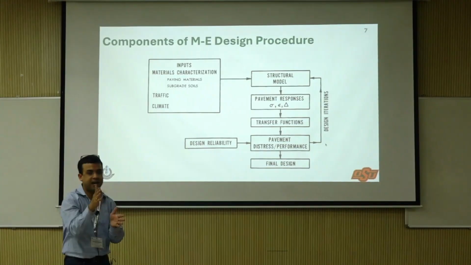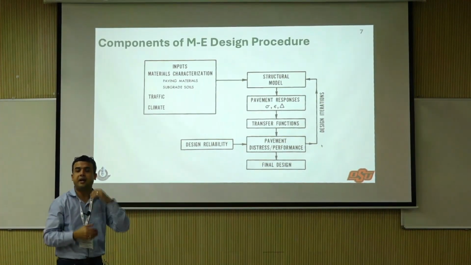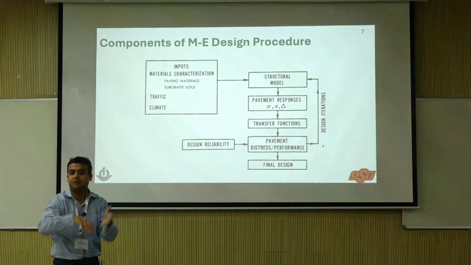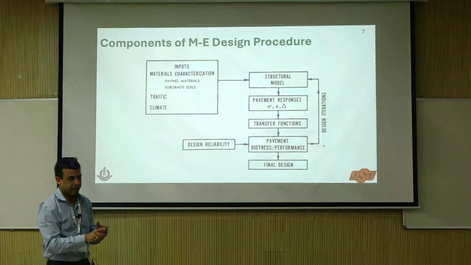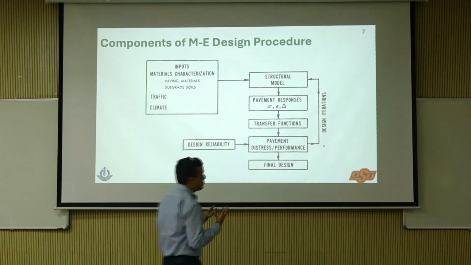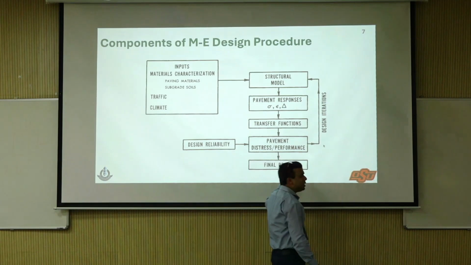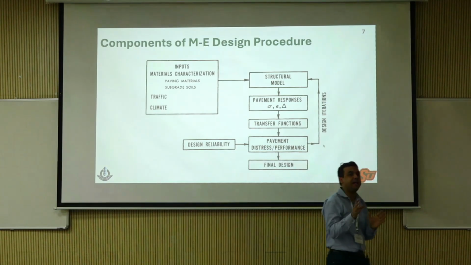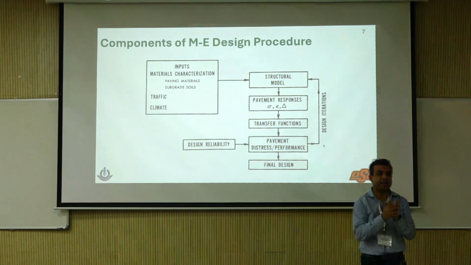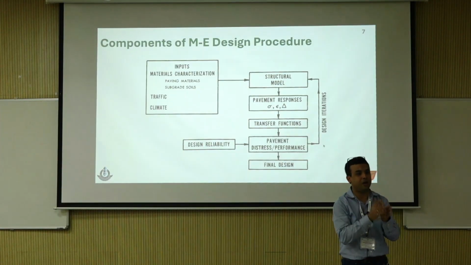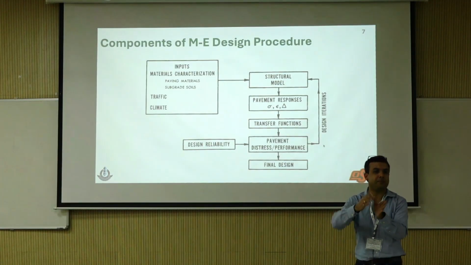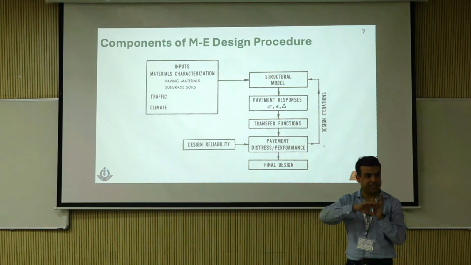You have some standard service performance standards. It either works or does not work. If it doesn't work, you reiterate, right? So this is the reason I personally, I don't remember who I learned this from, but whenever I write, I don't call it mechanistic empirical pavement design, I call it mechanistic empirical pavement analysis and performance prediction, because that is what it is.